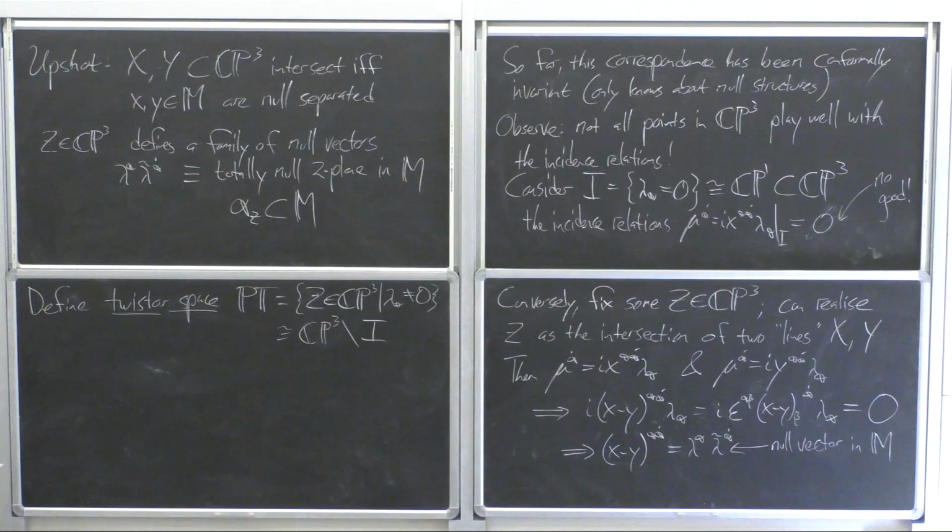Okay? And this is what we're going to call twistor space. And I'm not going to show this in detail because, well, it's not ugly, it's beautiful, but it's going to take me further afield from what I would like to say.